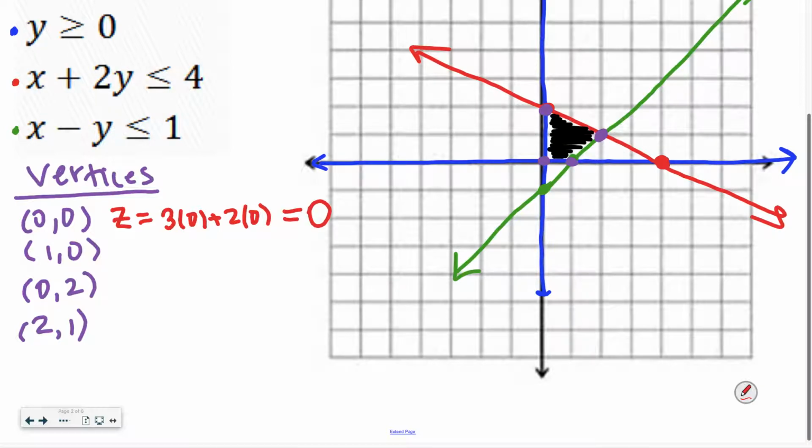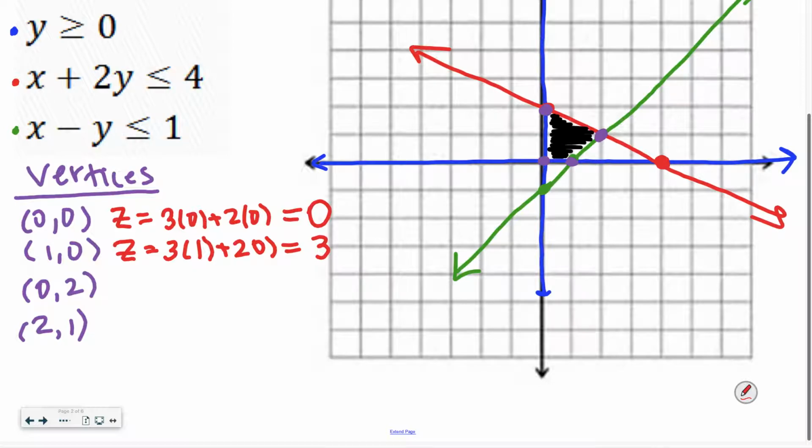It's okay, we're still waking up. How about when we plug in 1, 0? 3x plus 2y would equal 3. Okay. The new part is actually the easiest part of the solve, right?